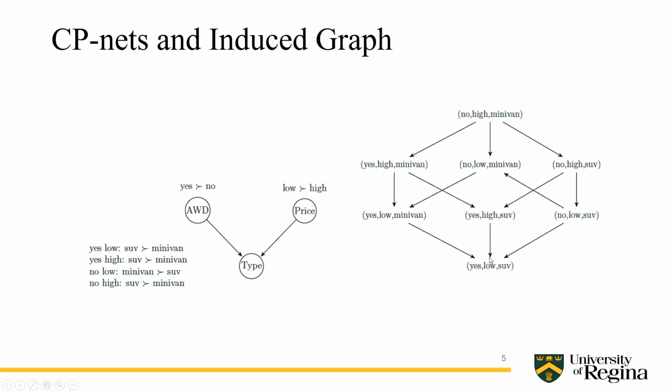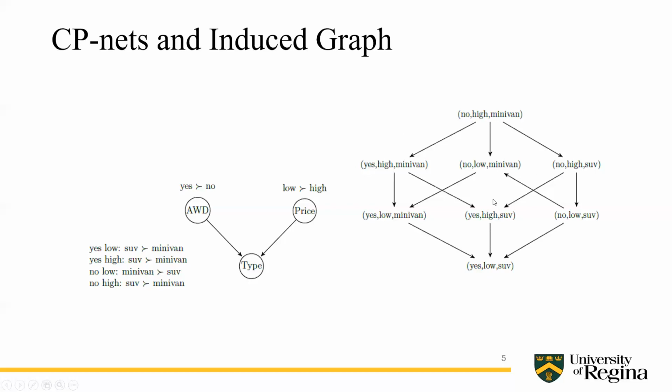This is the best option that the user can get. If we can give the user a car which is all-wheel drive, the price is low and that is an SUV, then this will be the best choice for the user. And if it is not all-wheel drive, the price is high and that is a minivan, it is the worst choice for the user.